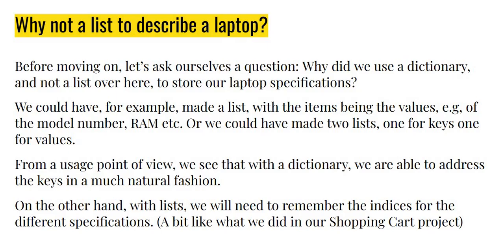If I'm dealing with the price, then that's index number so-and-so. This is kind of what we did in our shopping cart. But the scope of this laptop store project is a little bit more than the shopping cart, because here we are really emulating a database. And we have a query and all of that. That is a lot more natural in the way we have done it.